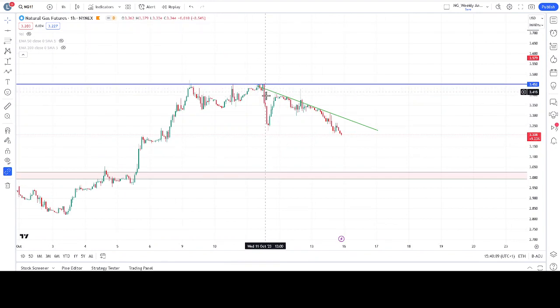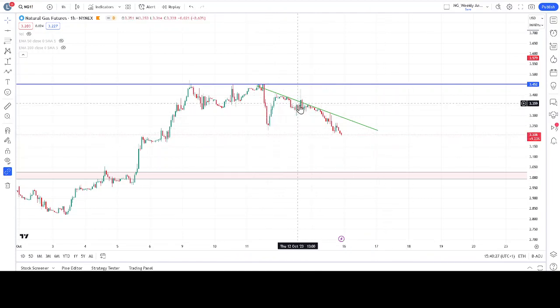At the third rejection, look at the red candles formed, and then the market has gone back and retested this particular level again, and then back down. And we have the downtrend in action.